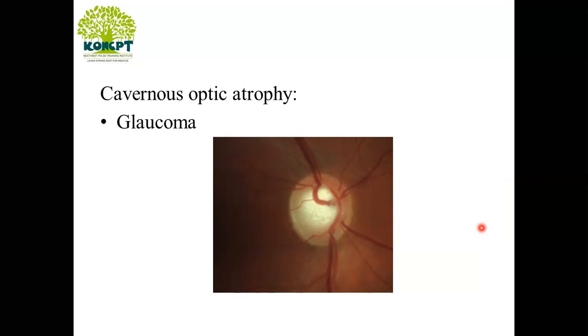That's why there is deepening of the optic cup. This is otherwise called cavernous optic atrophy of Schnabel or bean pot optic atrophy. So in toto, we can come to a conclusion based on two things: the history as well as the optic disc image.